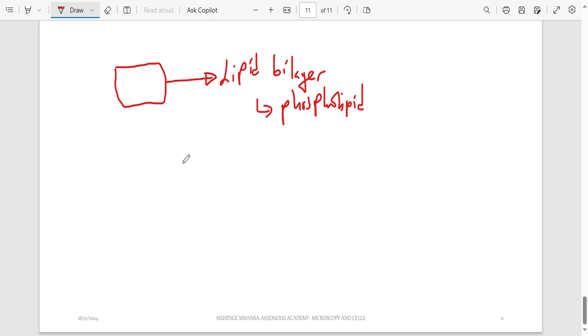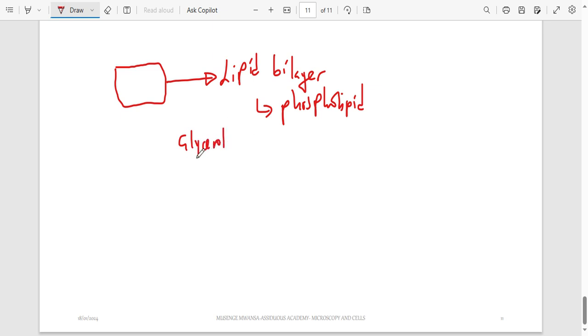A phospholipid is made up of a phosphate group which are going to be bound. If I want to tell you this in detail, let me just mention that we have what we call glycerol.